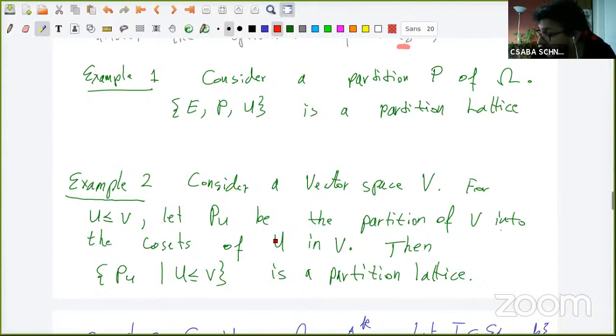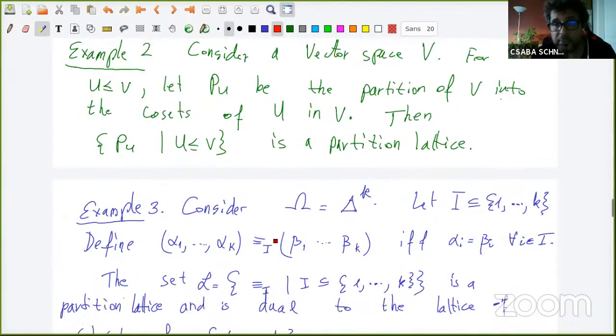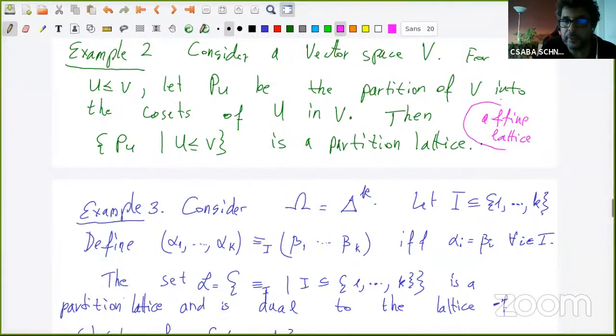It's actually going to be isomorphic to the lattice of subspaces. This is one of what we are going to call later an affine partition lattice. So this is what I'm going to refer to as the affine lattice later.